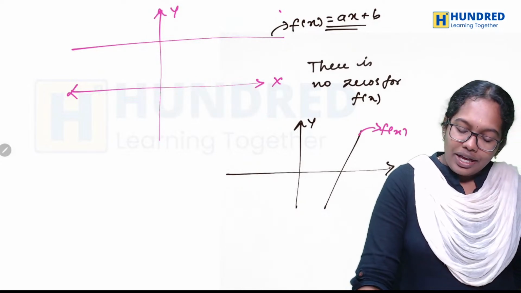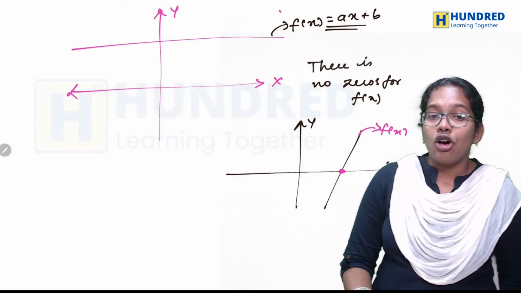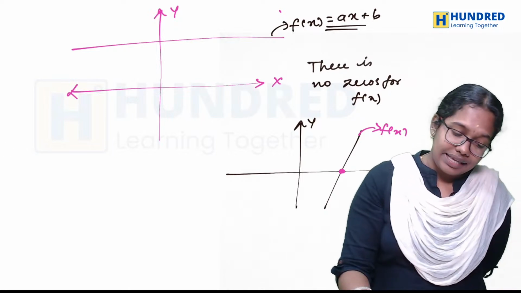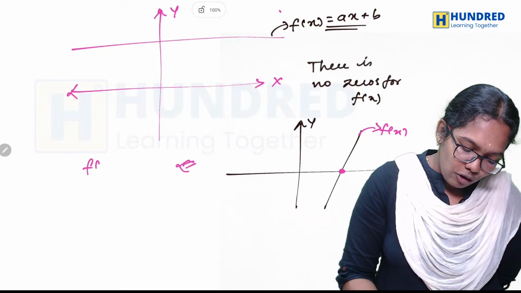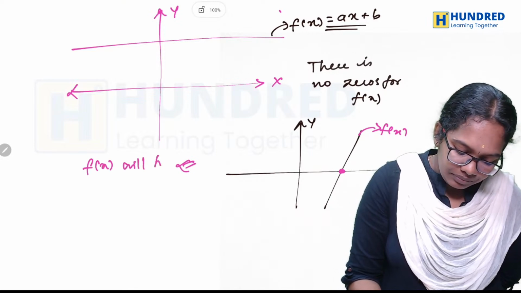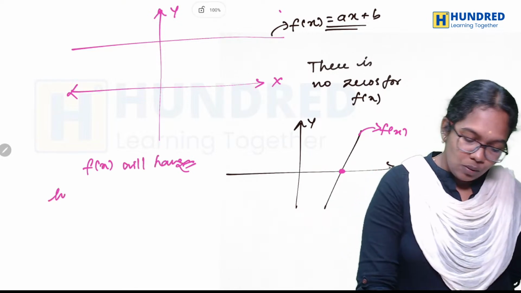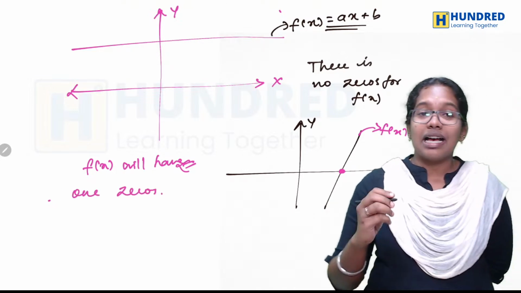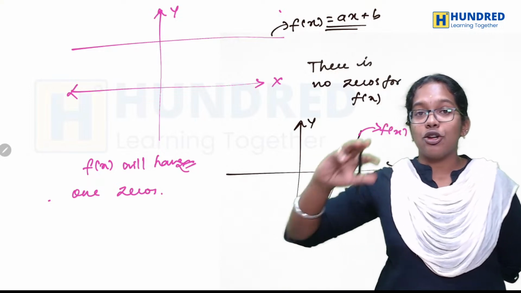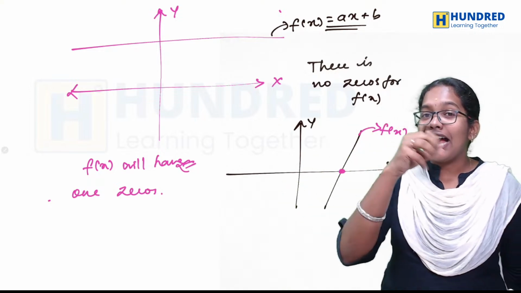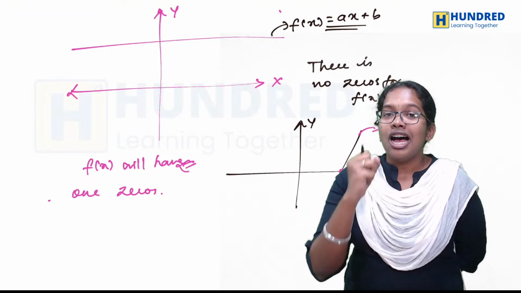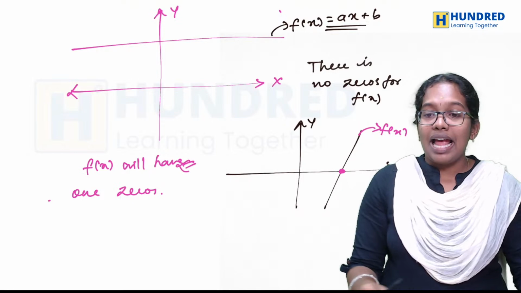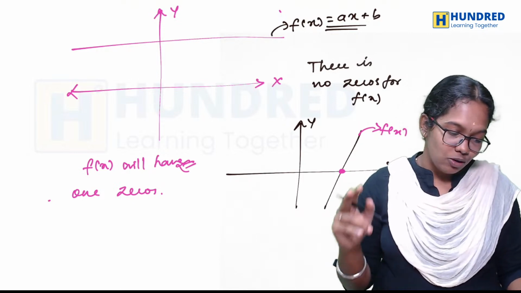If the f of x touches or intersects the x-axis at only one point, it means this f of x will have how many zeros? 1 zero. These are the graphical representations of polynomials, and we can identify the number of zeros from the graph itself. I'll give you one example and you let me know how many zeros it will have.